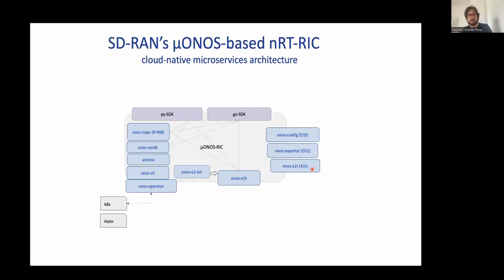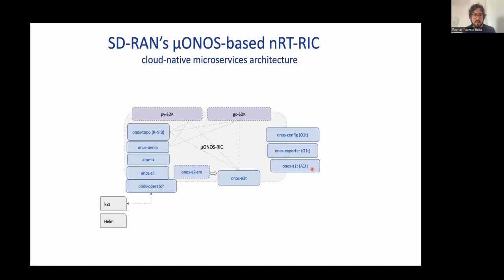So here I'm going to spend a little time talking about each one of these components. The micro-ONOS RIC is a near-real-time RIC definition, part of the SD-RAN project.